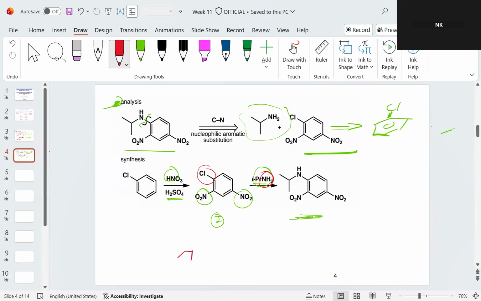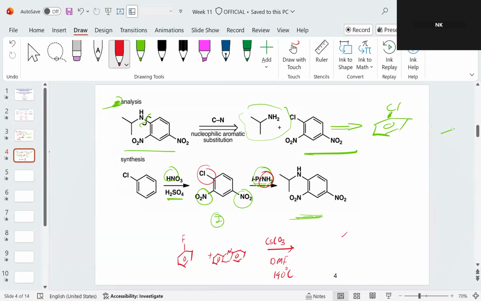I'd like to mention an example. If you have such a fluoro compound and you want to couple it with carbazole, this reaction works very well using just cesium carbonate in DMF solvent at 140 degrees Celsius.